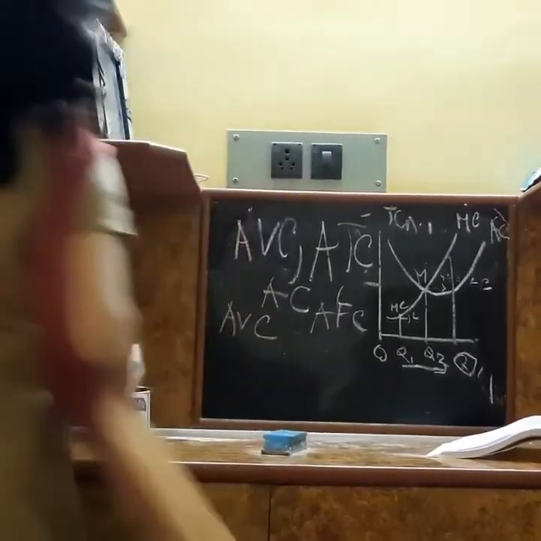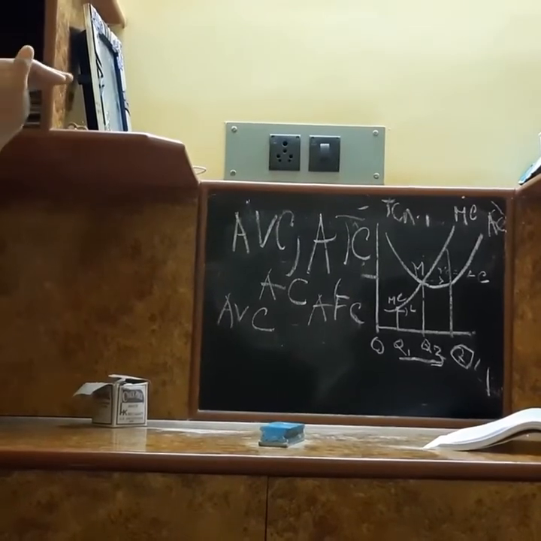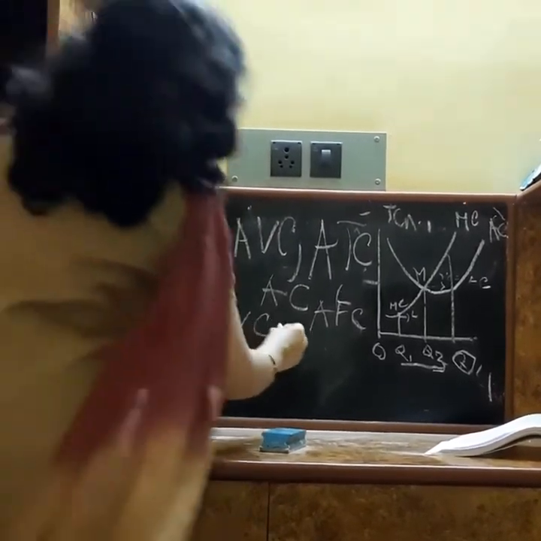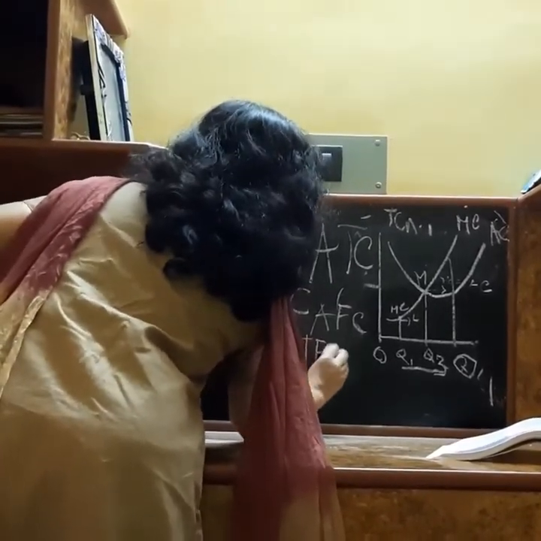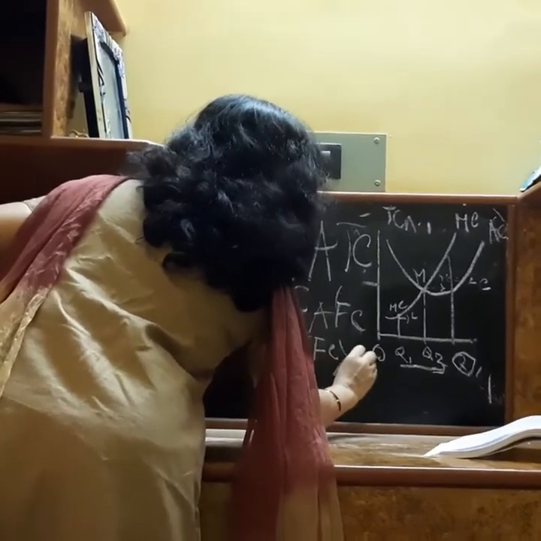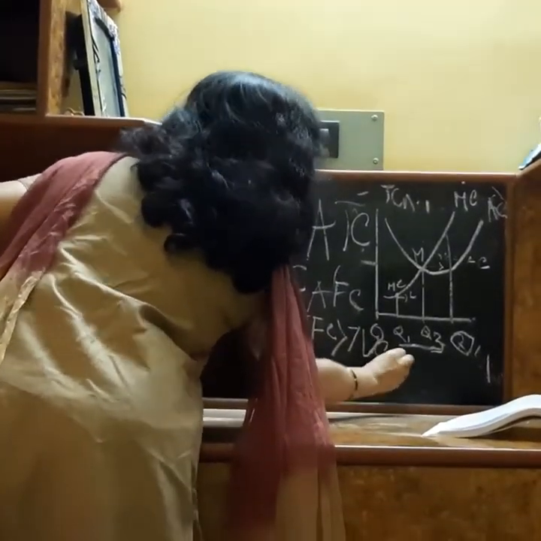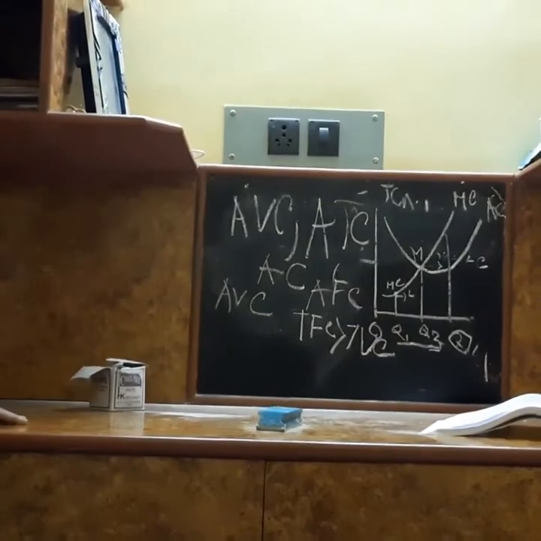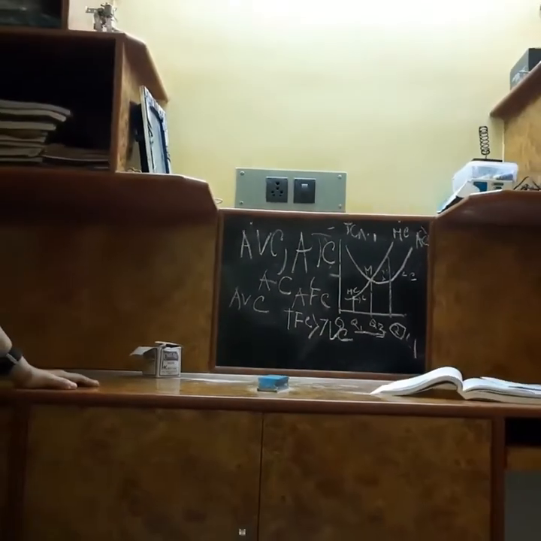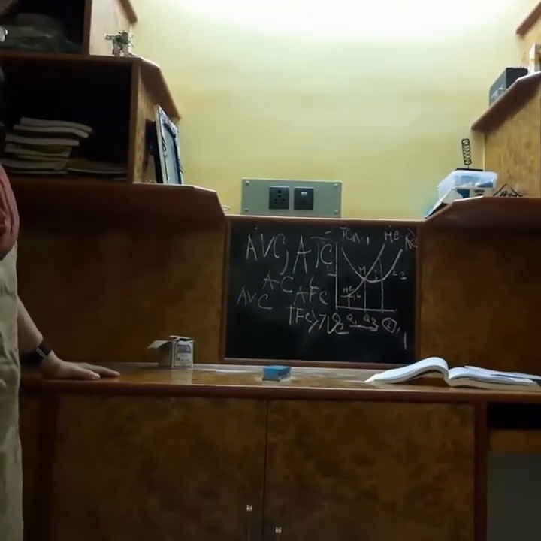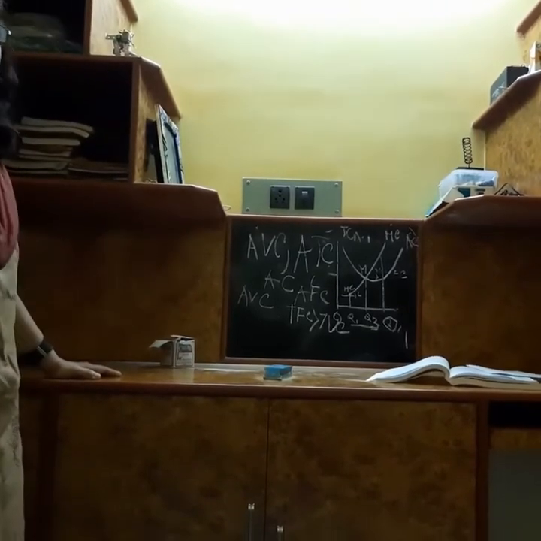At first, when the production starts, the value of TFC is greater than the value of TVC. Initially, when the production starts, which cost will be more? Our fixed cost. But when the production runs, then which cost will be more? TVC.